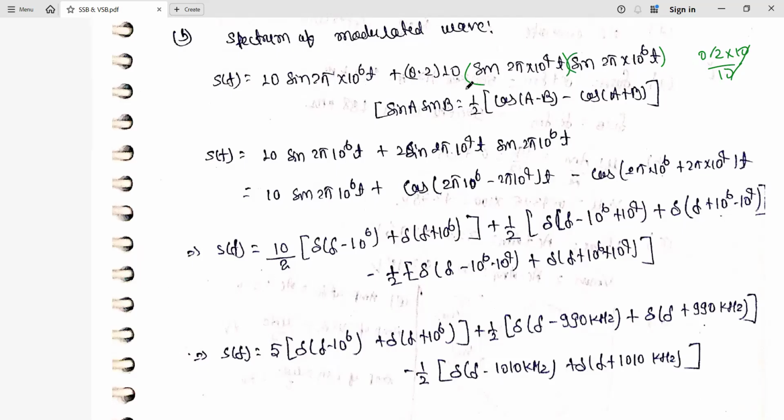So this is going to be 2 sin A sin B. That formula is being applied here. The 2 sin A sin B formula is cos(A minus B) minus cos(A plus B).